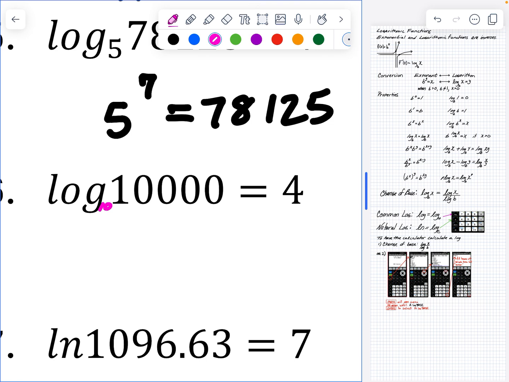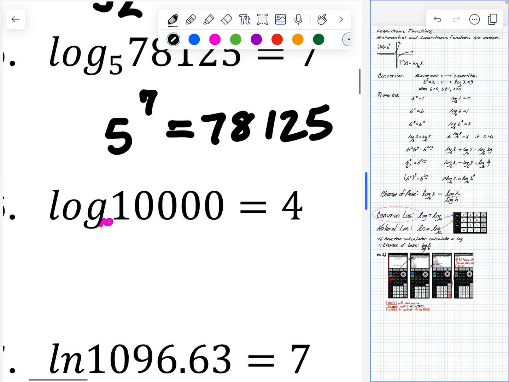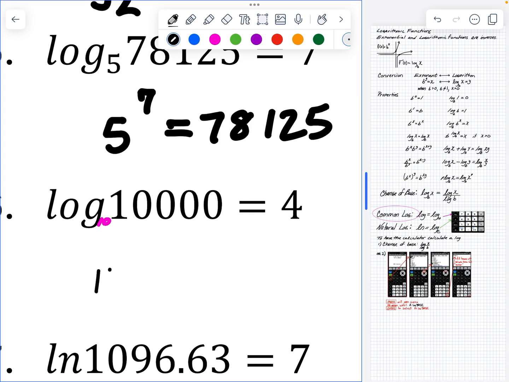So if there's no number on the word log, its base is 10, and that is called a common log, and that's what is right over here in your notes. Okay, so that is a common log. So when you change it to an exponent, it changes to 10, whose power is 4, is equal to 10,000.